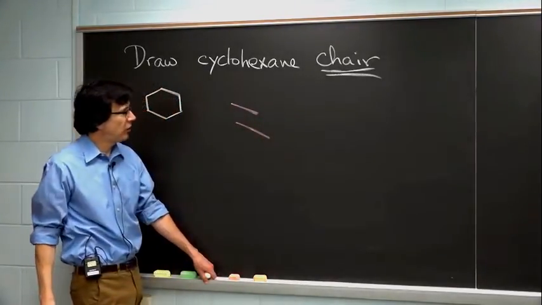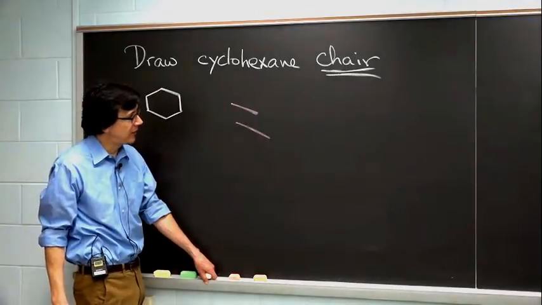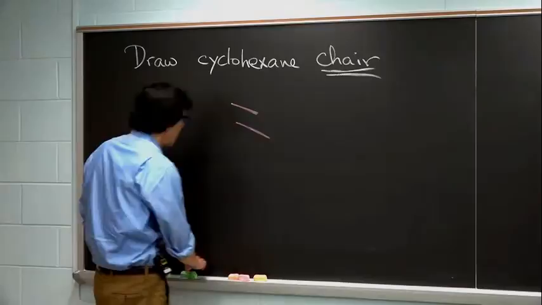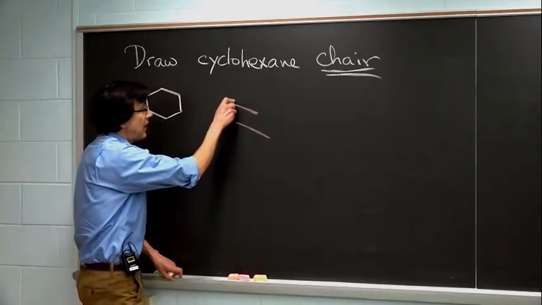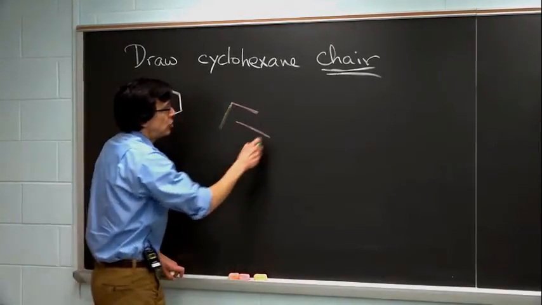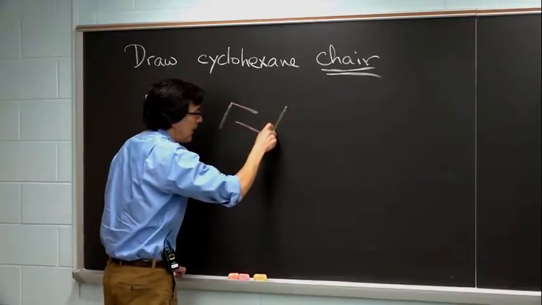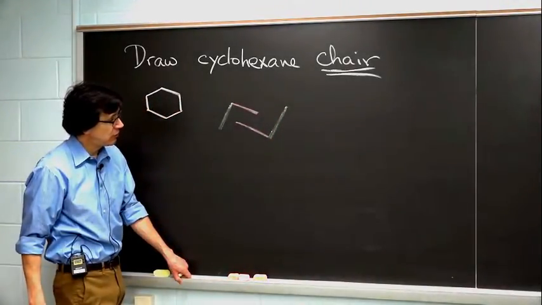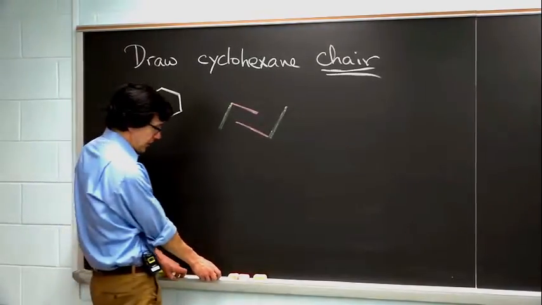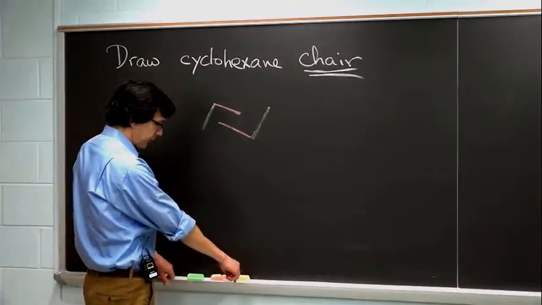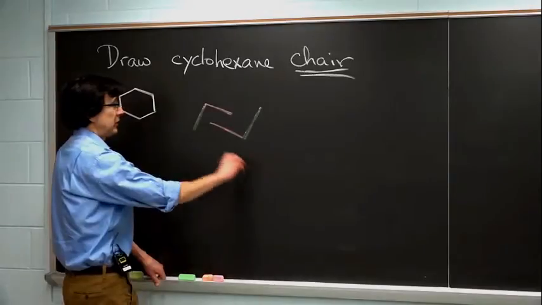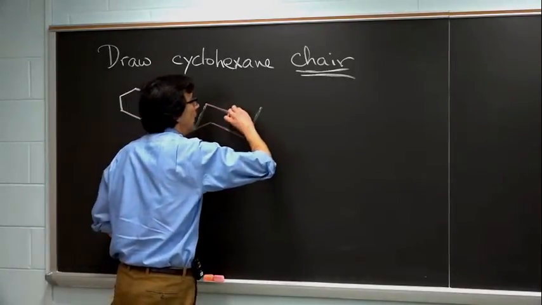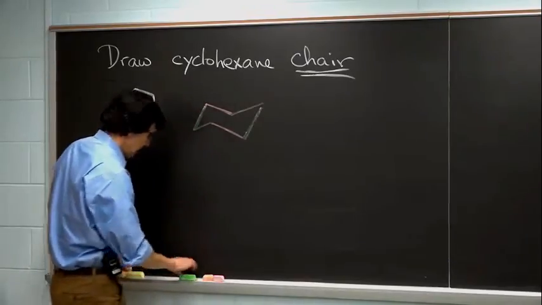So if you start with two parallel lines that are a little bit offset like these are, and then you draw two new parallel lines like that, and then finally there are two more bonds that we haven't shown here. Some of these colors don't show up very well on this particular blackboard, but this line then should be more or less parallel to that line.